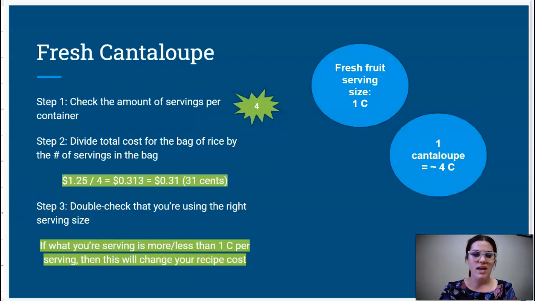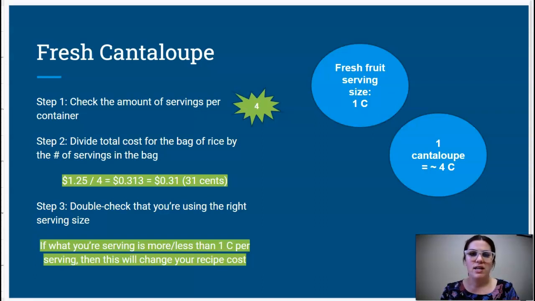Okay, and finally, we are going to look at the fresh cantaloupe price. Fresh fruit is a little bit different because obviously there's not a food label, same with any type of produce. So you're going to look up the serving size for those particular foods. A good rule of thumb is that for fresh fruit and vegetables, 1 serving equals 1 cup. So we're going to use that serving size for the cantaloupe, which is 1 cup.